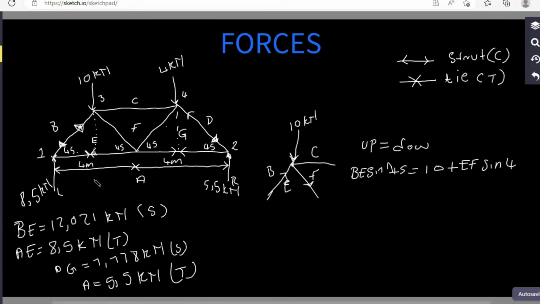It's 45 as well, because we know that this one will be 45. And this one will also be 45 because of this line. And that 45 is what this EF is making with the horizontal.